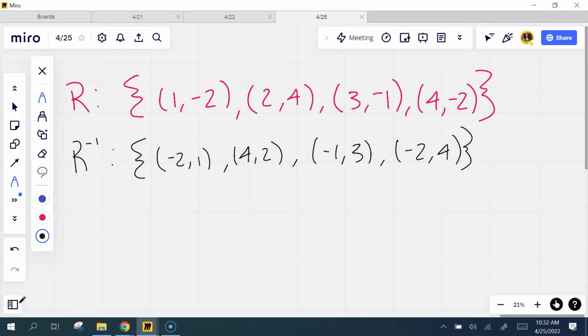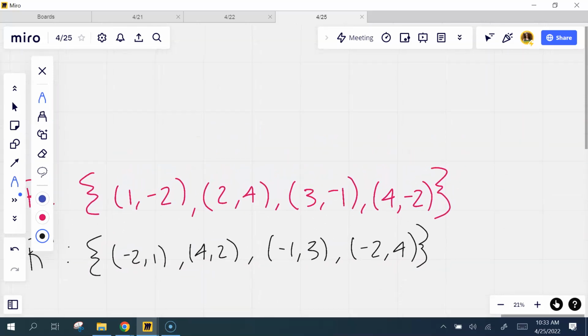Is R a function? How do you tell? That is a good point. You said yeah. Why do you say yeah? Were you saying yeah, how do you tell, or yeah, it is a function? You were saying yeah, how do you tell? Okay, so because all the numbers are different, I know it's got to be a function. Whenever I get confused, I have to think about it on a graph.